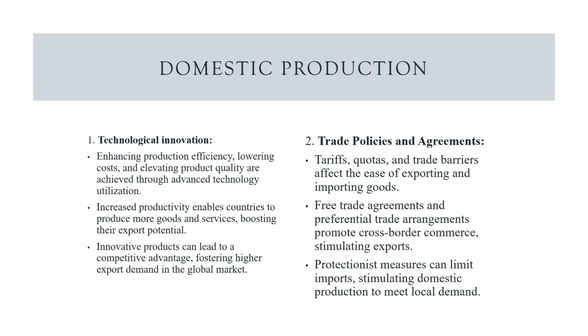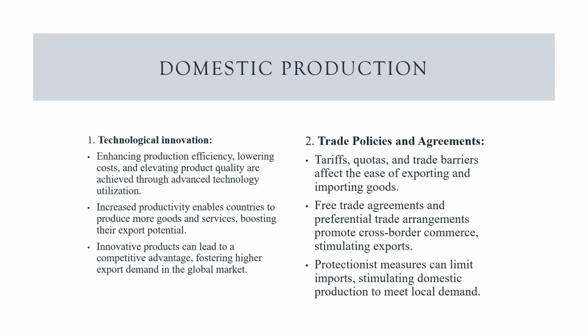Domestic production: we have technological innovation. Enhancing production efficiency, lowering costs, and elevating product quality are achieved through advanced technology utilization. Increased productivity enables countries to produce more goods and services, boosting their export potential. Innovative products can lead to competitive advantage, fostering higher export demand in the global market.